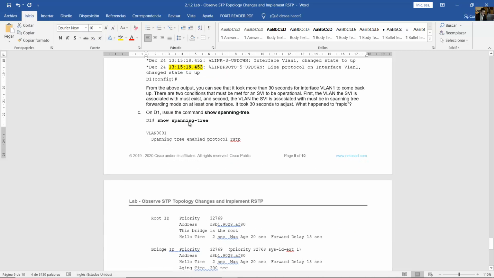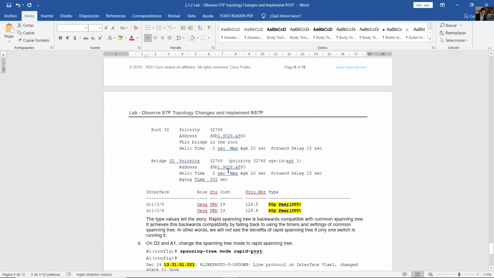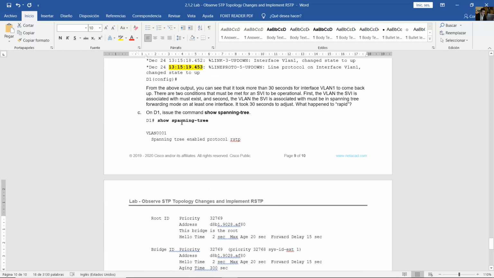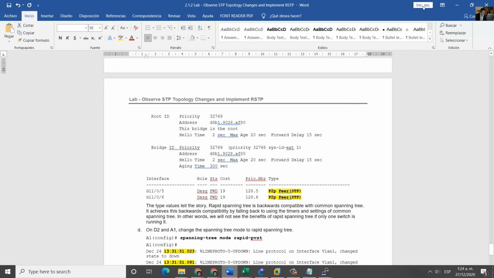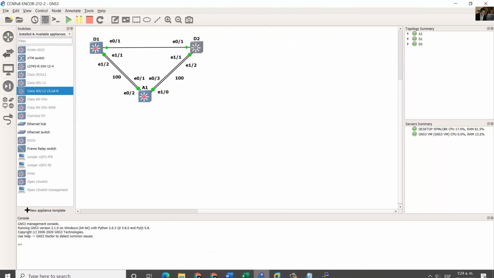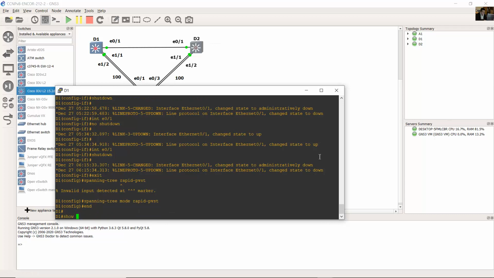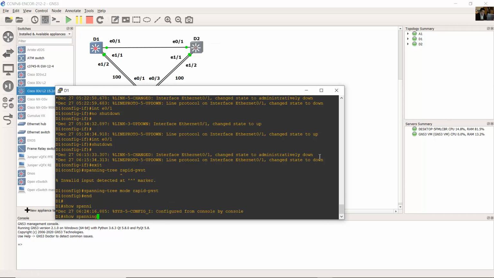You need to verify on D1 and later configure D2 and A1 with rapid per VLAN spanning tree. First, on D1, show spanning tree to verify.